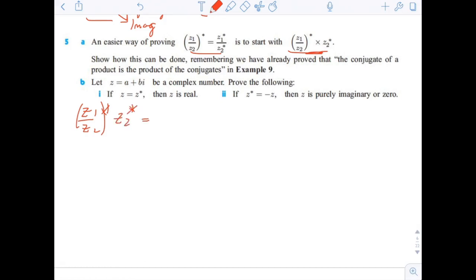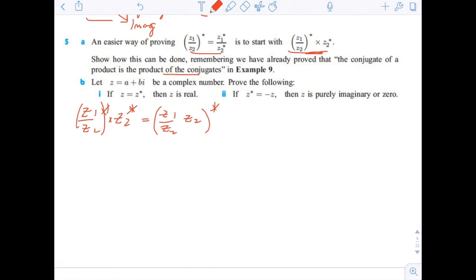We'll see what that is equal to. And we're supposed to use the fact that we already know that the conjugate of a product is the product of the conjugates. So, since we have a conjugate times a conjugate here, we could say that it's the same thing as Z1 divided by Z2 times Z2. We'll unconjugate them, and then we'll put the conjugate on the outside of the parentheses.